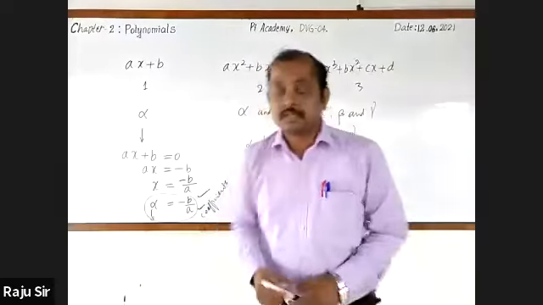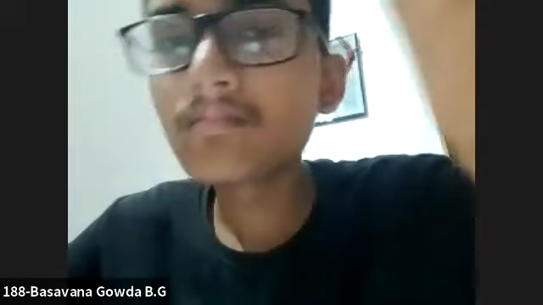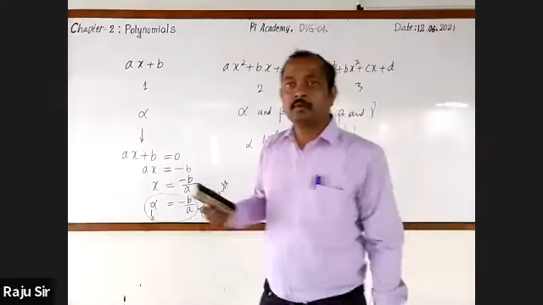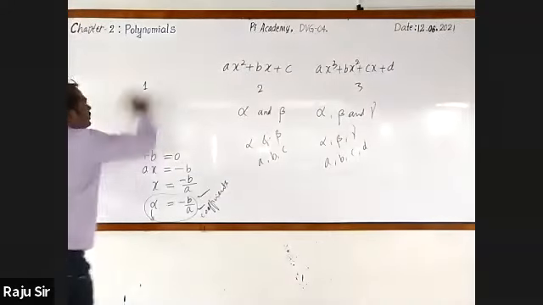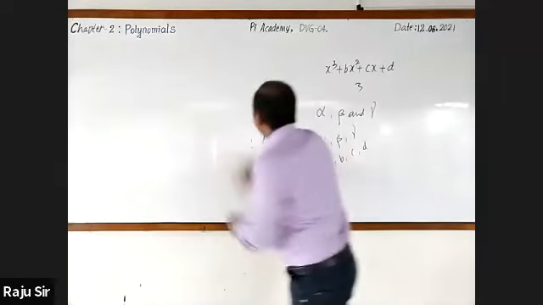Write the heading: relationship between zeros and coefficients of a polynomial. For a constant polynomial, there is no zero.